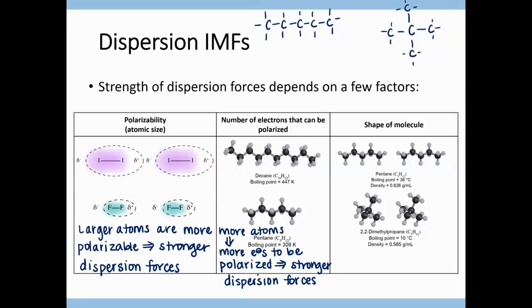So again, that dipole and instantaneous dipole or induced dipole would be weaker, and the intermolecular force would be weaker. So if we have a more linear molecule, that would also result in stronger dispersion forces.